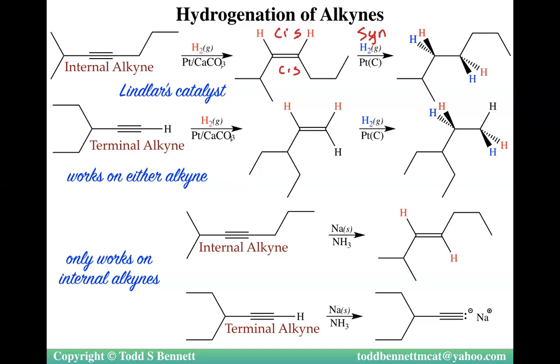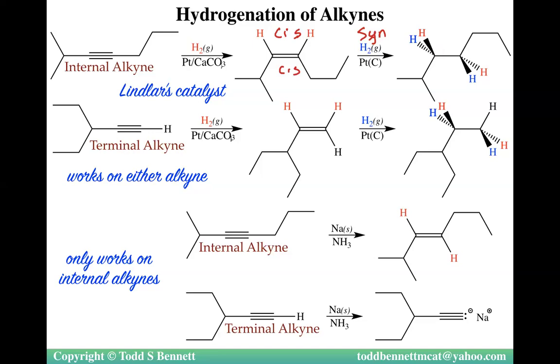But something to add to your memorization, and that would be Lindlar's catalyst, H2, Pd, in a poison. We'll add the H as cis or syn addition, and then sodium with ammonia, we'll add it in a trans fashion. This becomes important if you have targeted stereoisomers.